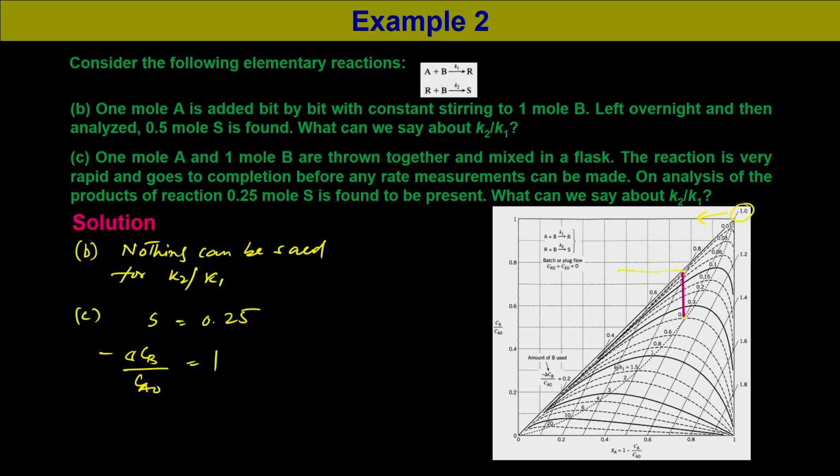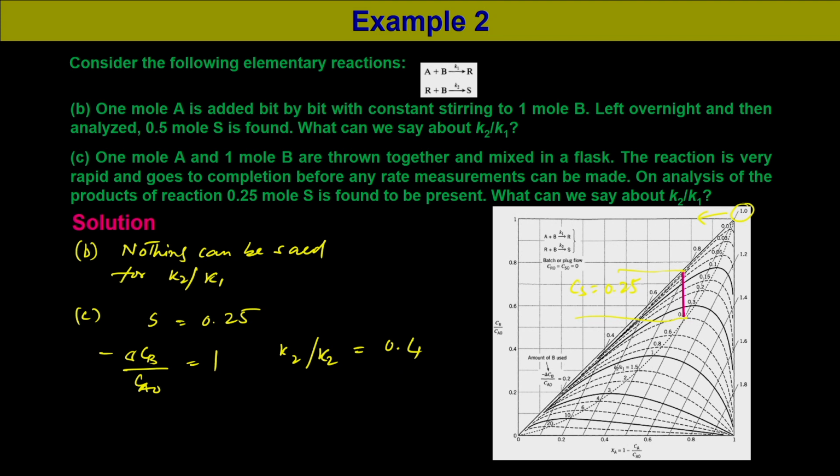This is the value of Cs equal to 0.25 and we can obtain K2 by K1 of about 0.4.